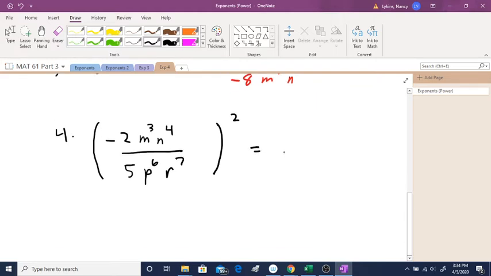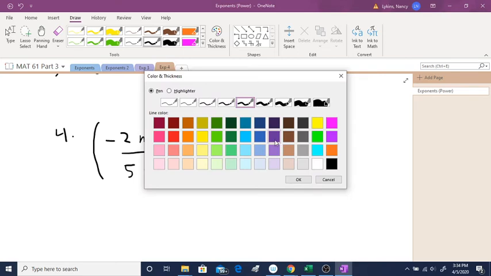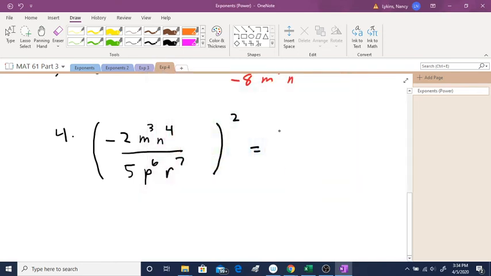So now this looks very complicated, but we want to piece it all into little pieces. Try not to think about it as a whole, but try to piece it together. So my first thing I'm going to do is say, okay, negative 2 squared. My m is 3 times 2. My n is 4 times 2. 5 squared.